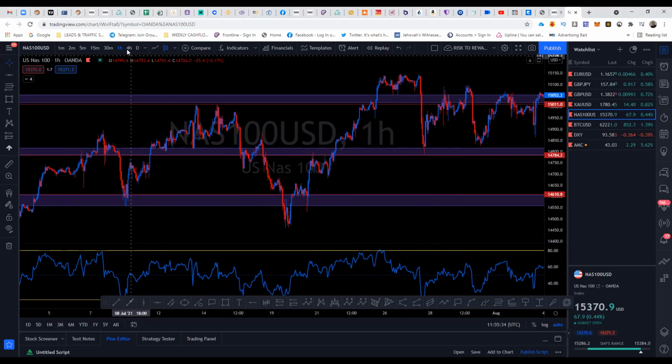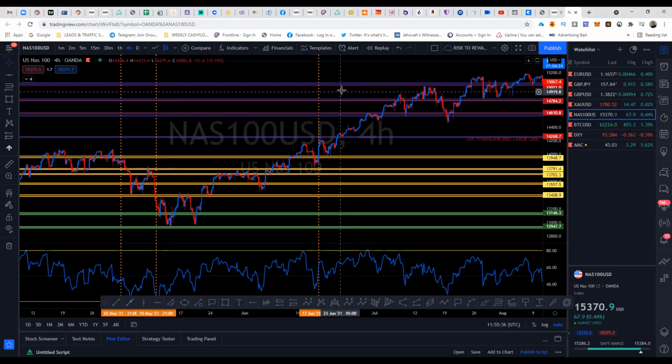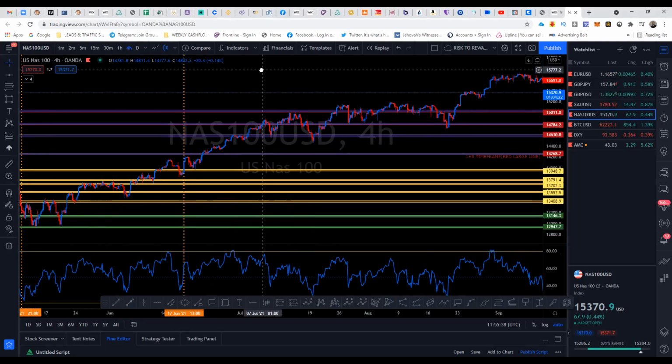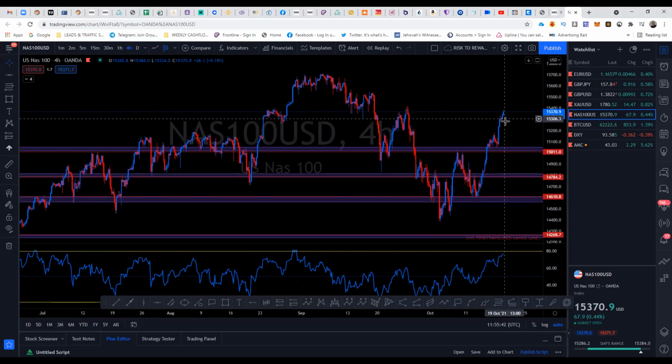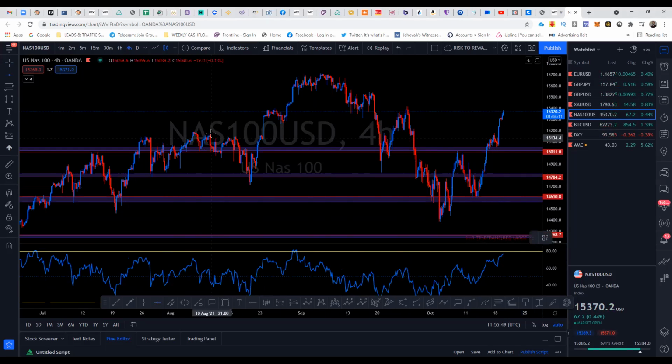So now what we're going to do is go to the 4-hour. And as you can see, we marked everything up on different time frames, and this is probably pretty much it here. And then we got our current price here. So I'm going to mark this up here. Yeah, this is accurate.